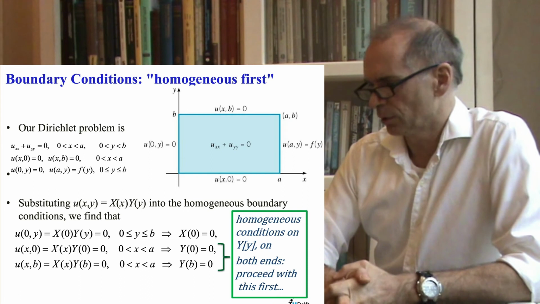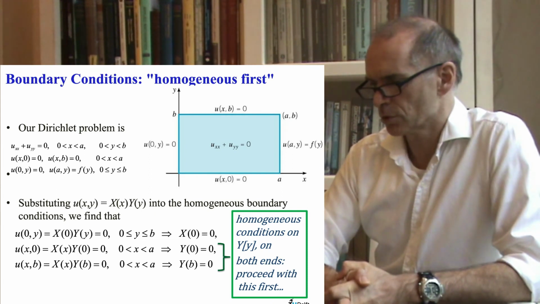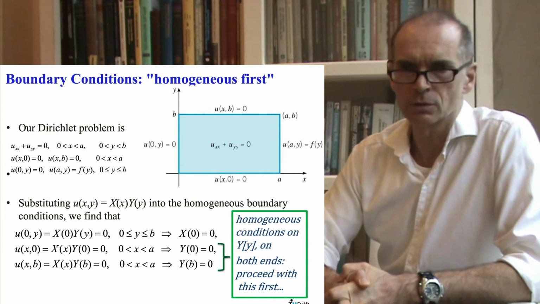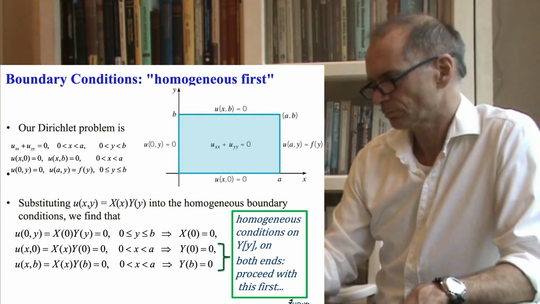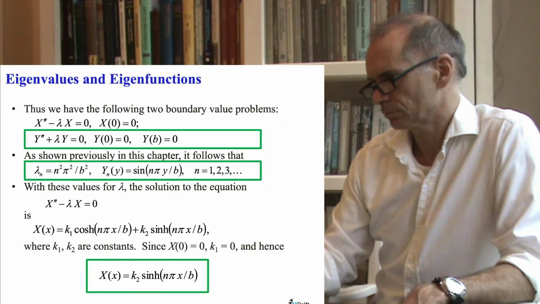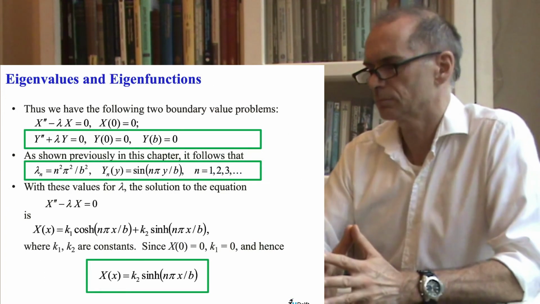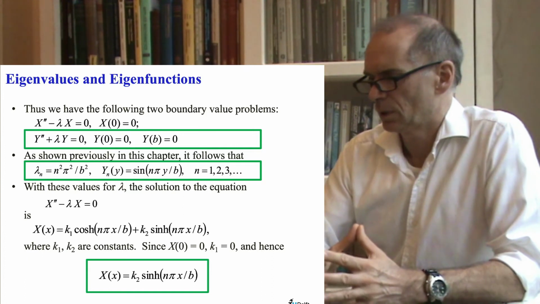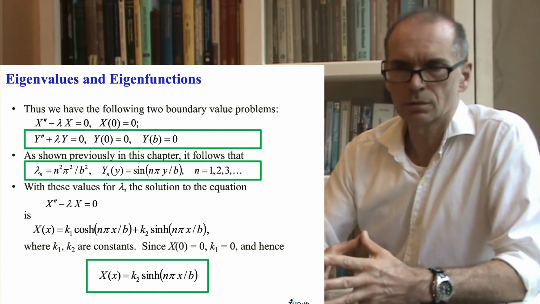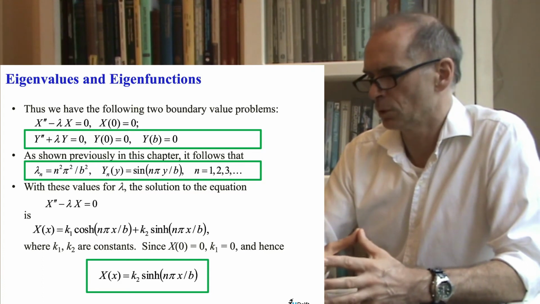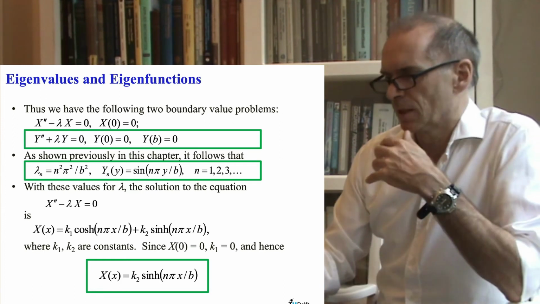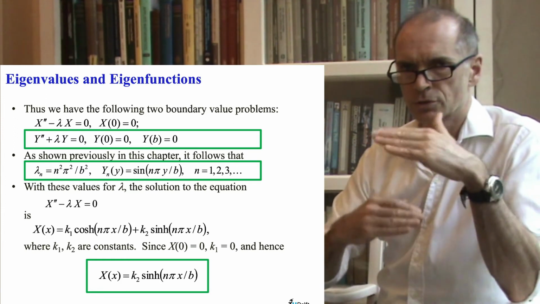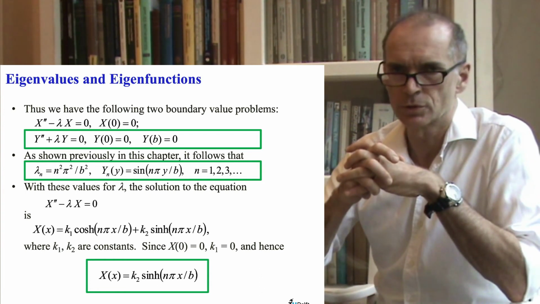And then the general advice is to proceed with those first. So first solve the eigenvalue problem for the function y, because once again when you superimpose those solutions, then you will add zeros to zeros at those two sides, and then you end up with a series solution that still satisfies those homogeneous boundary conditions.